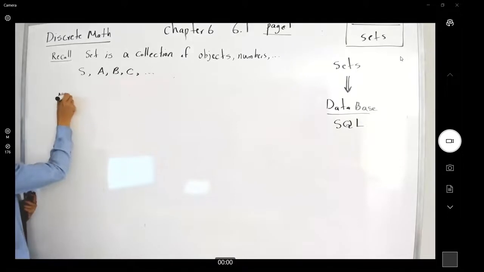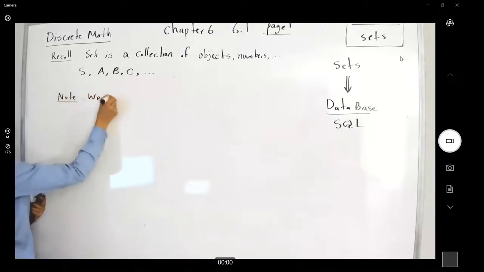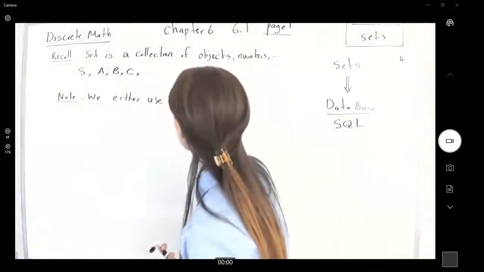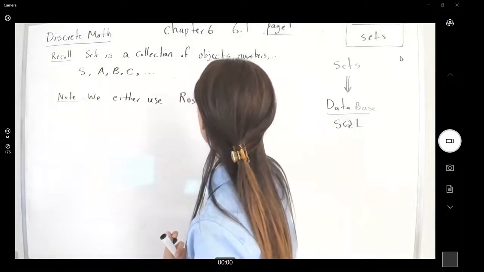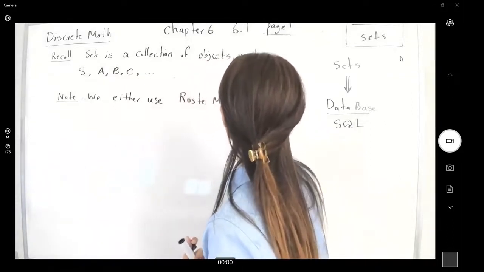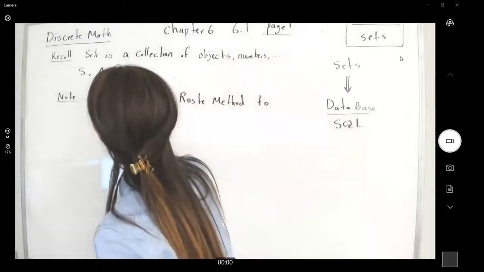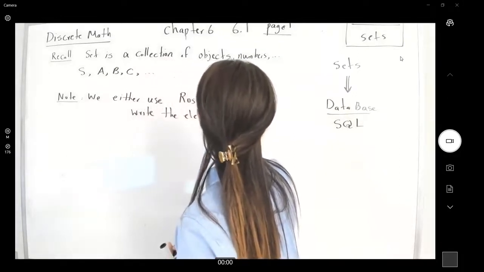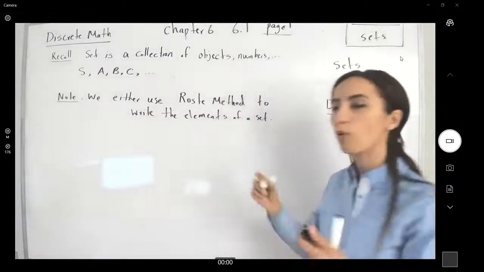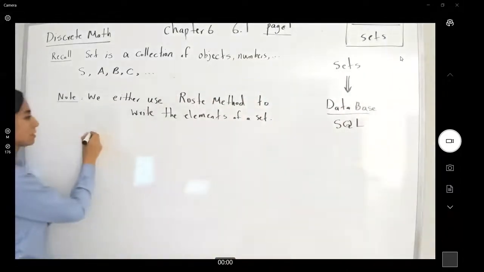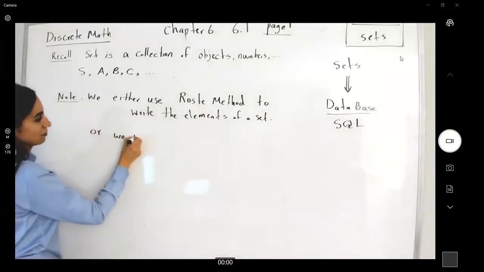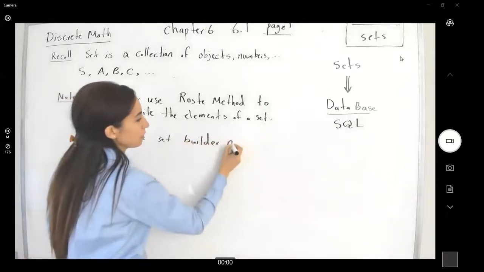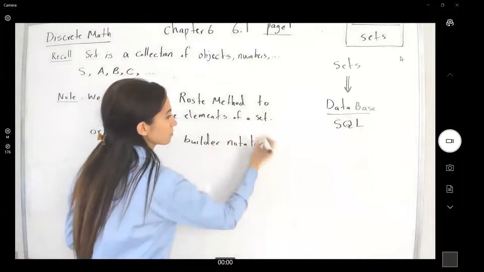So note that we either use roster method to write the elements of a set, or we use set builder notation.